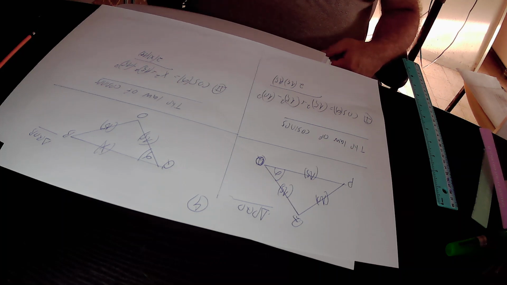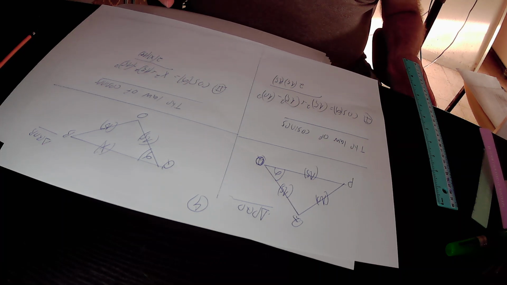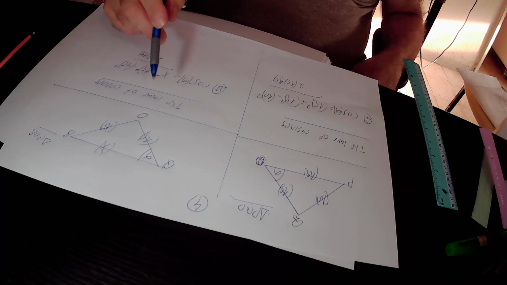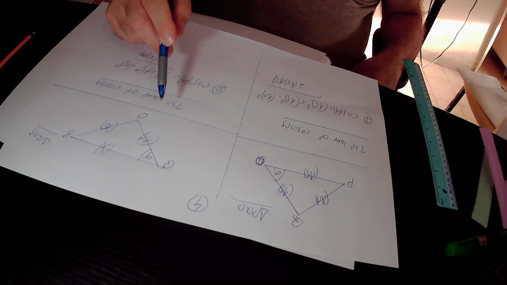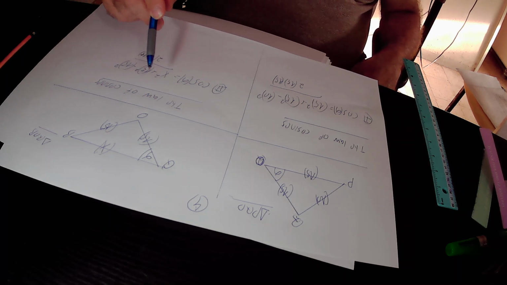This is equation 2. Again, according to the law of cosines, in this triangle QOB, cosine alpha equals x squared plus 15 squared minus 15 squared over 2 times x times 15.